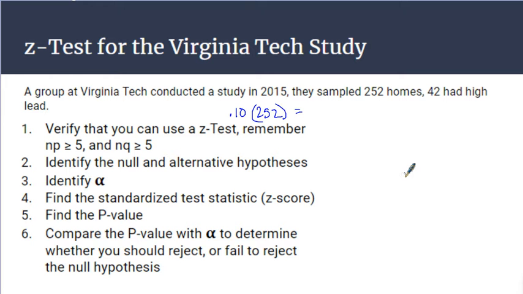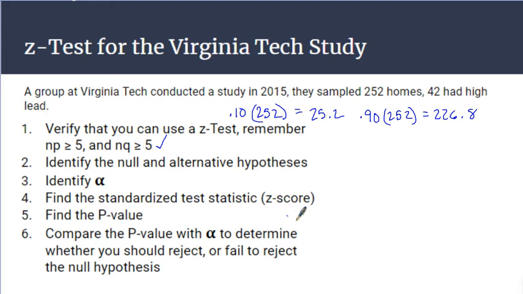Then Q is 1 minus P, so that would be 0.90. We're going to multiply that by our sample size, and we're looking for both of these numbers to be greater than or equal to 5. And they are. The only reason for doing that is to prove that we can use a z-test. Later on in the year, we're going to look at another test called a t-test, but we have to have these numbers bigger than 5 to be able to use the z-test.